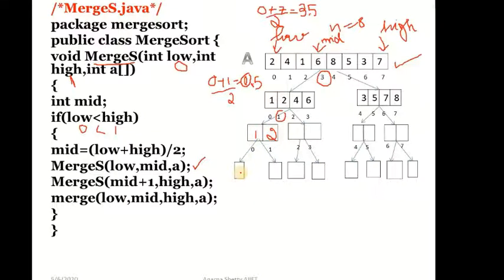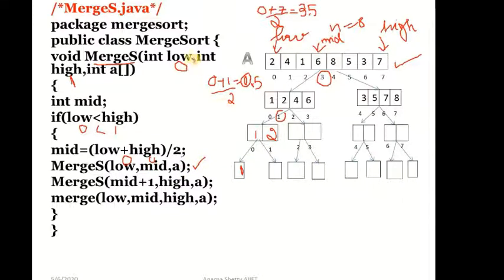So again it will split on 1 over here. Once it has reached this part, again it will call merges. It will pass the value 0, mid value is also 0, and A.